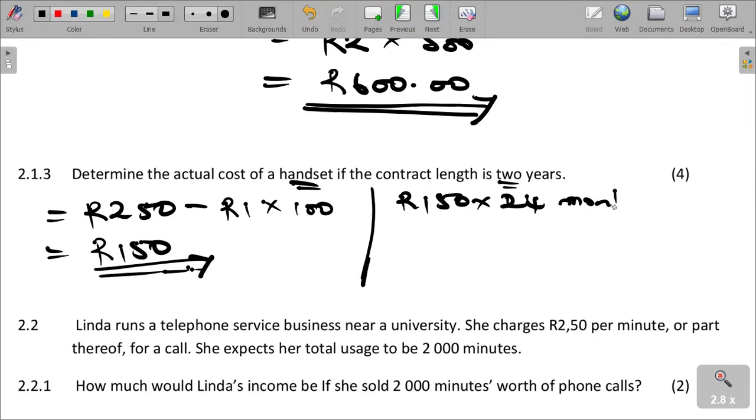We are calculating it in months, so we multiply that by 24 months and put it through the calculator.